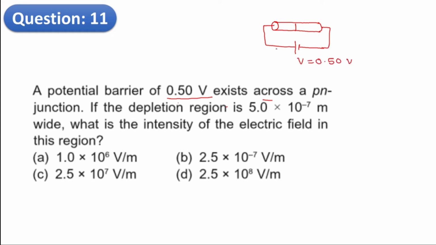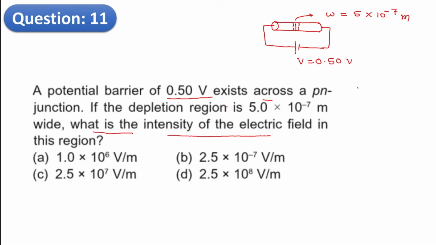The width of the depletion region, W, is equal to 5 into 10 to the power minus 7 meter. So what is the intensity of the electric field?